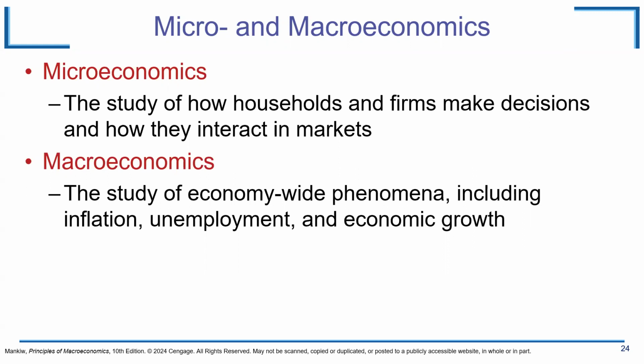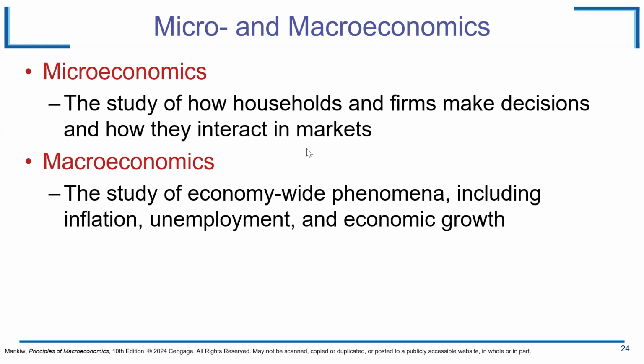It can also be one firm. For the firm, what will be the good pricing strategy? What will be the optimal level of production? That is a microeconomic problem. And for the household, how much money do I need to save in my bank account compared with my income? That is also a study of microeconomics.